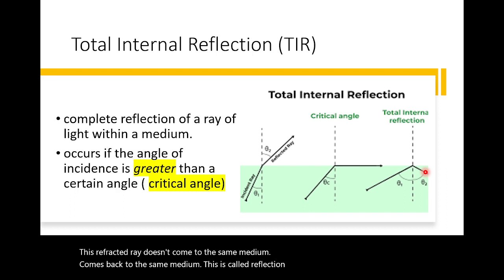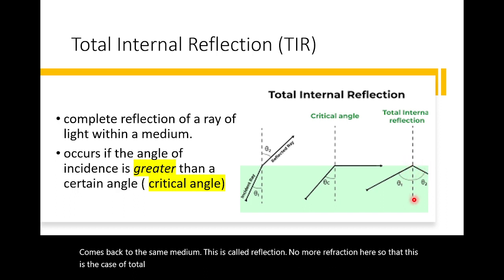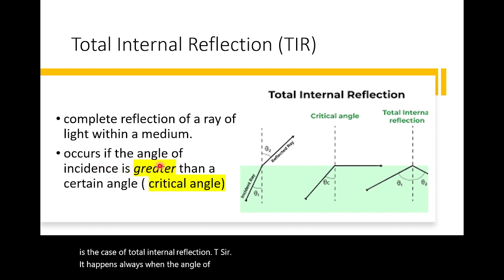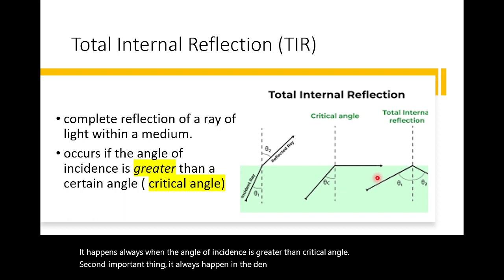No more refraction here. So this is the case of total internal reflection, TIR. It happens always when the angle of incidence is greater than the critical angle. Second important thing, it always happens in the denser medium.